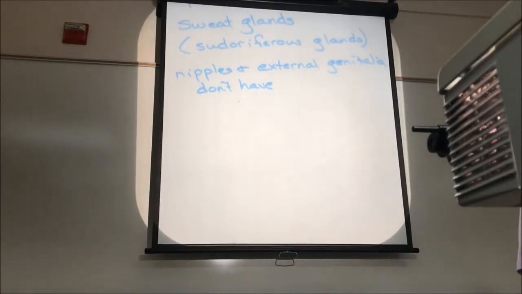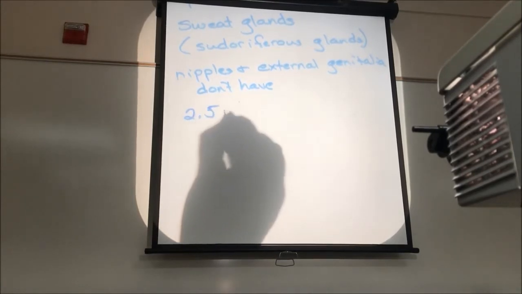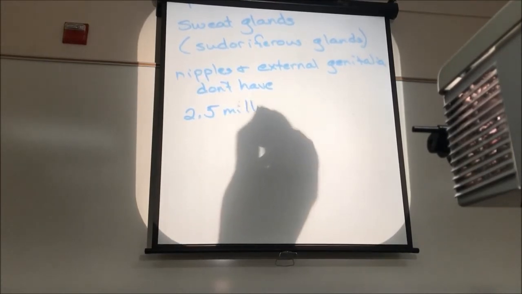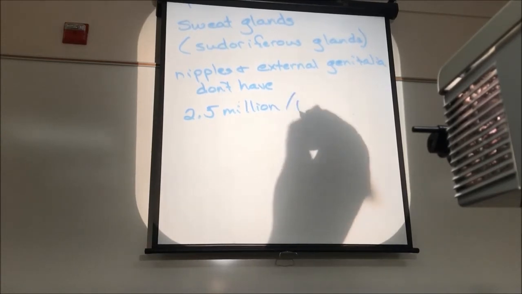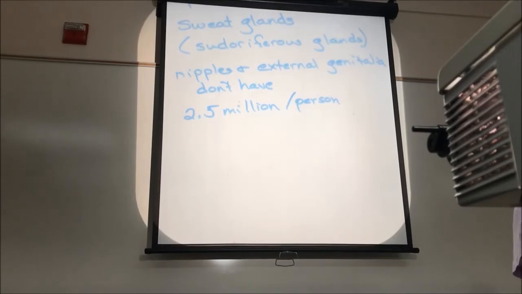They're kind of the exception to that. It's estimated that the average adult has around 2.5 million sweat glands. That's a lot of sweat glands.